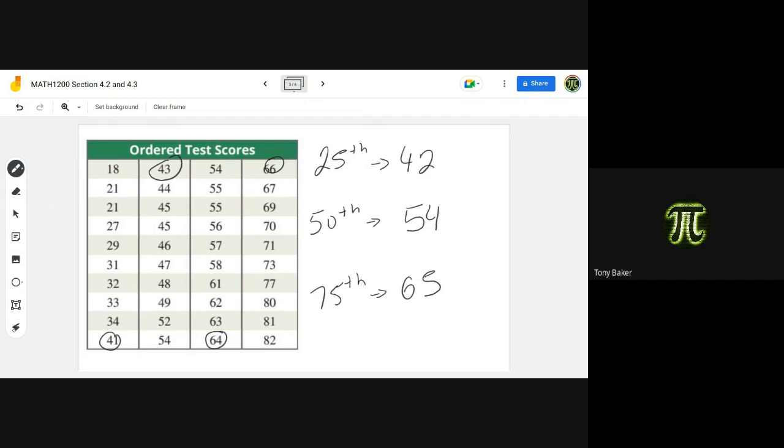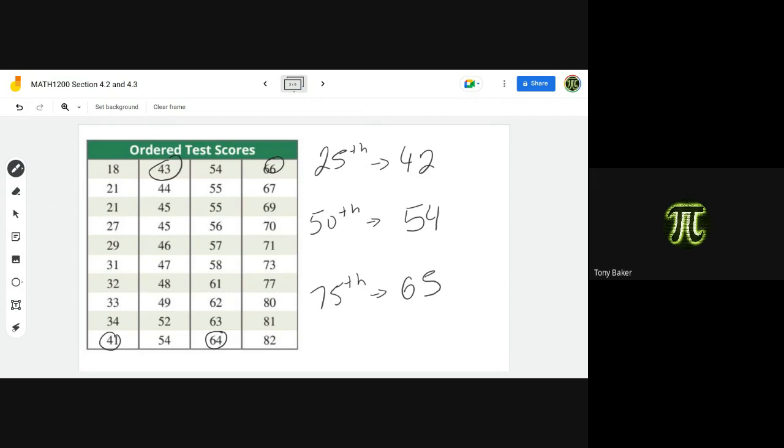So what do 25, 50, and 75 have in common? Not the answers, the actual numbers I just said. They're quarters. These are known as quartiles. So 25, 50, and 75 are special because they're quartiles.